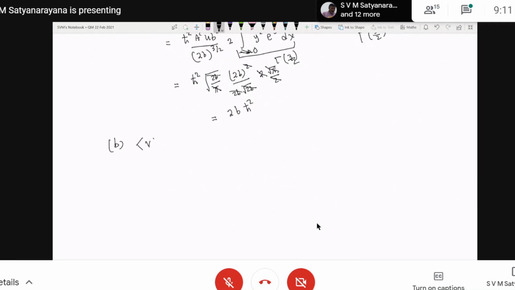So b square is equal to m omega square divided by 4 h bar square, which implies b is equal to m omega by 2h bar. So if b is equal to m omega by 2h bar, for that value of b, this energy will be minimum.